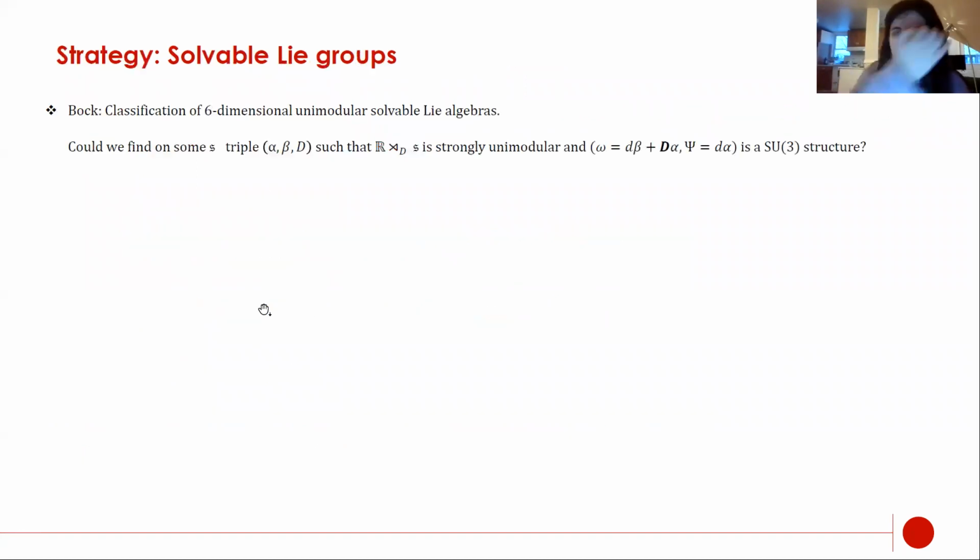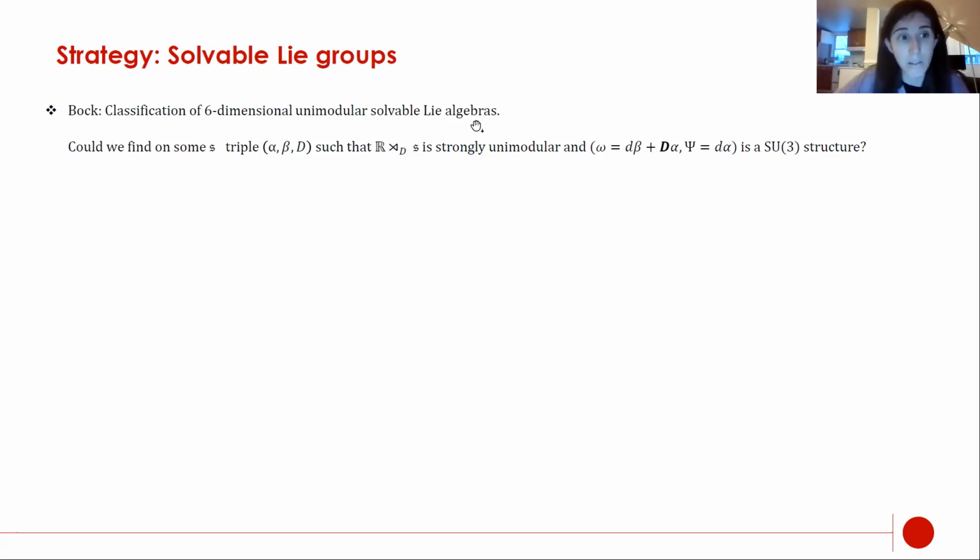And to finish, I will outline the strategy we follow for solvable Lie groups. Bock has a classification of 6-dimensional unimodular solvable Lie algebras.